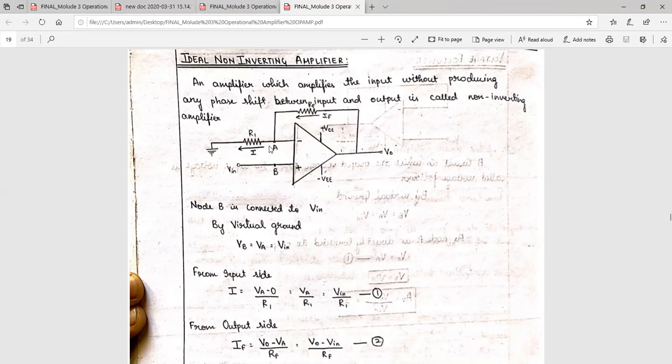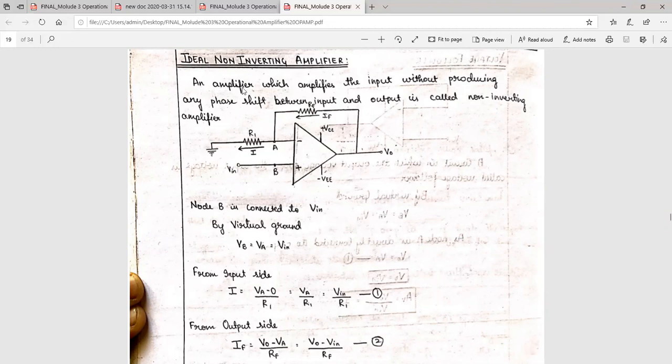Here the current will flow in this path through R1. So compared to inverting, in non-inverting the direction of current is reversed, and the input is given to the non-inverting terminal and the inverting terminal is grounded. Clear?